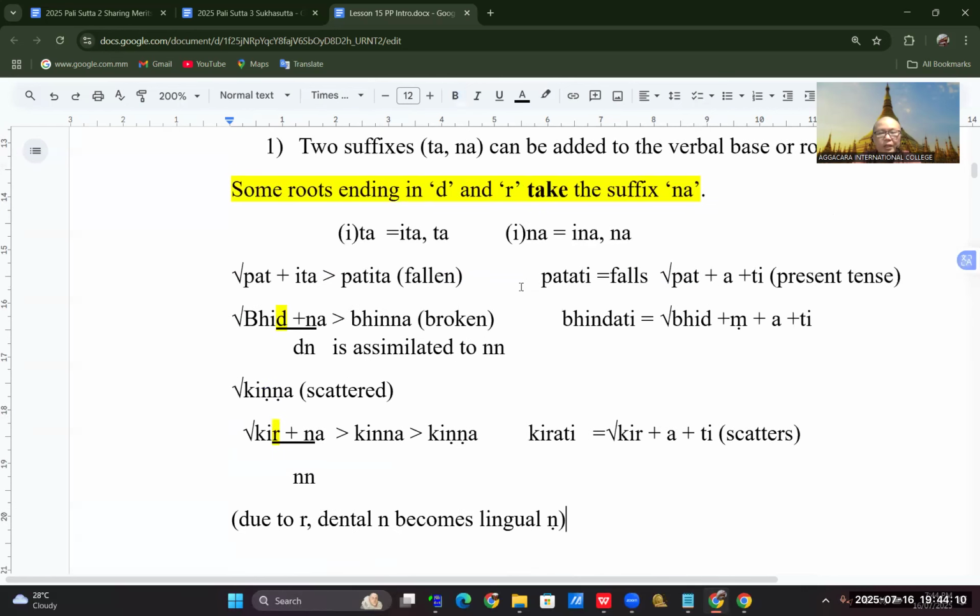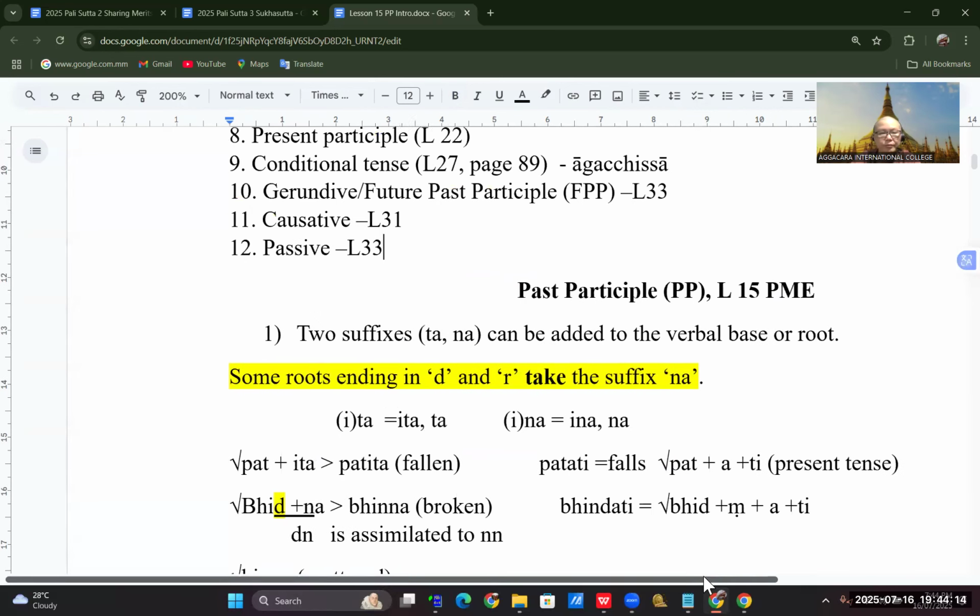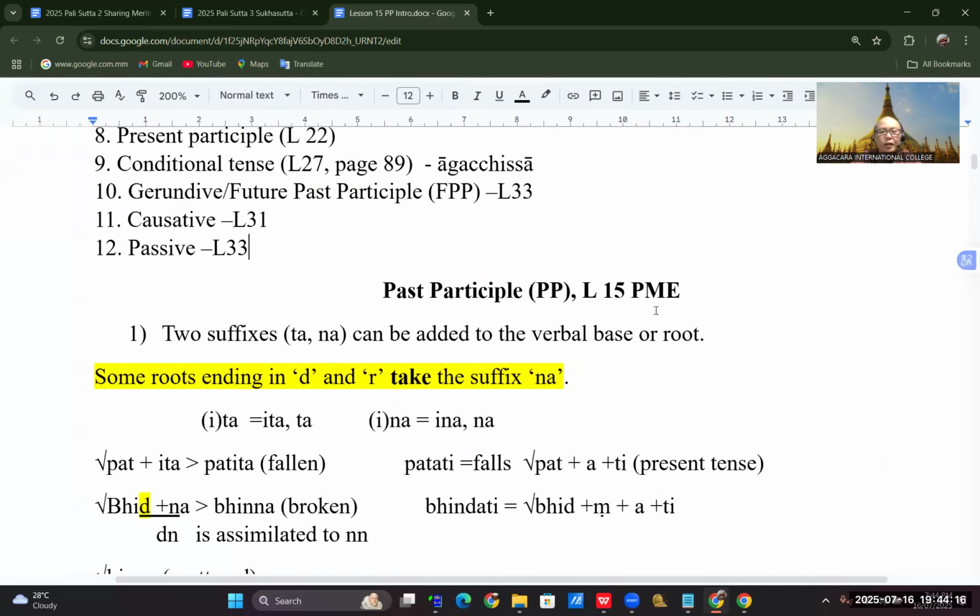Okay, now we start with Pali Made Easy. Two suffixes, ta and na, can be added to the verbal base or root. Now the root, for example, pat, to fall, plus ita, so patita, fallen.